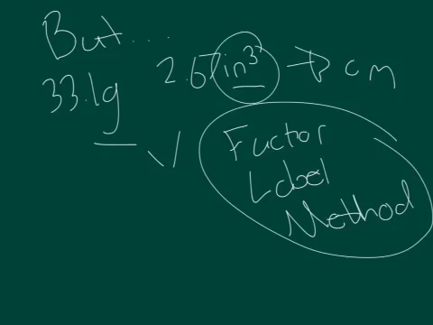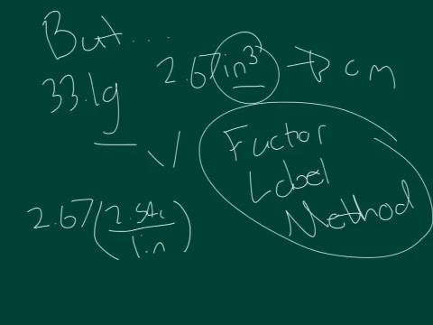So we're going to try to find the centimeter value of 2.67 cubed inches. So what we're going to do is put 2.67 inches here. And after research, or if you just know it off the top of your head, you know that 1 inch is equal to 2.54 centimeters.